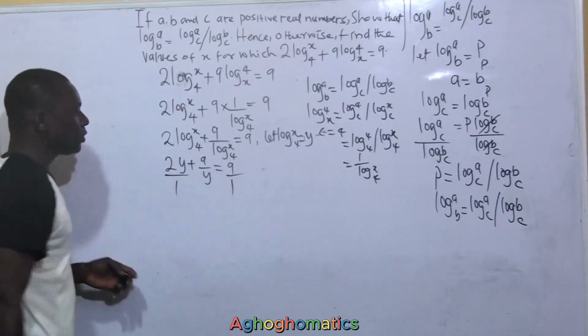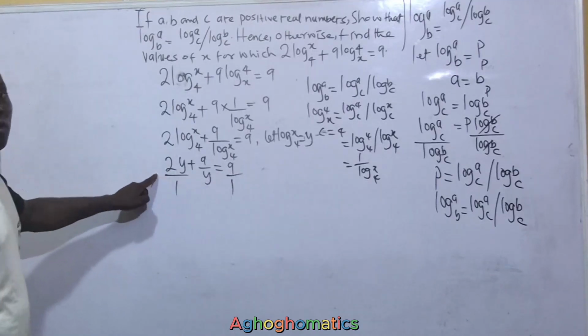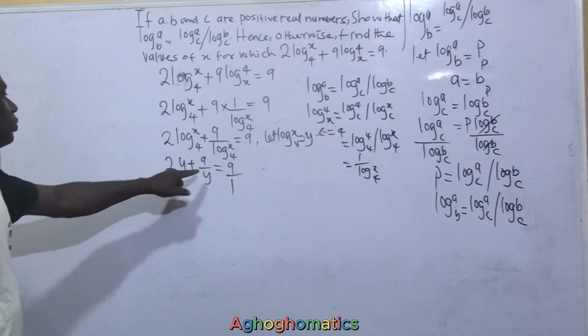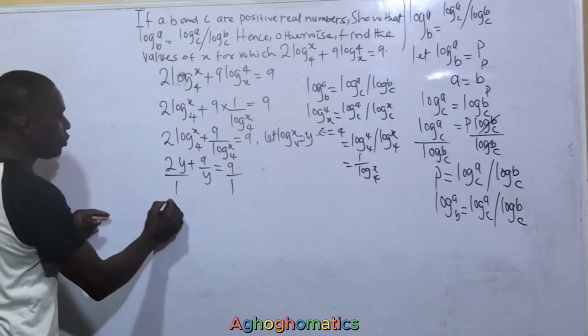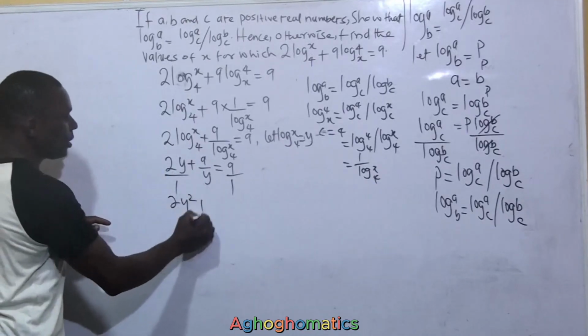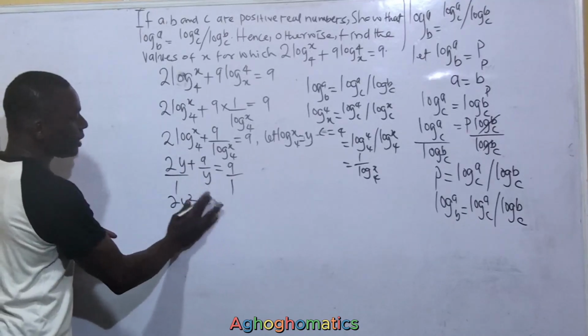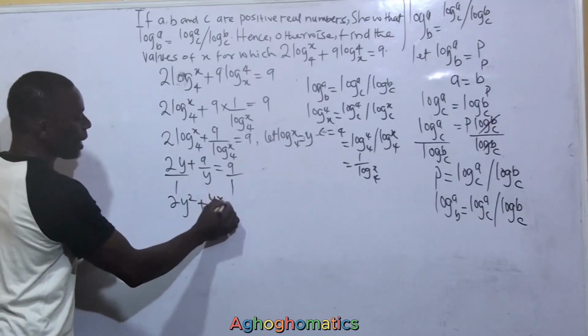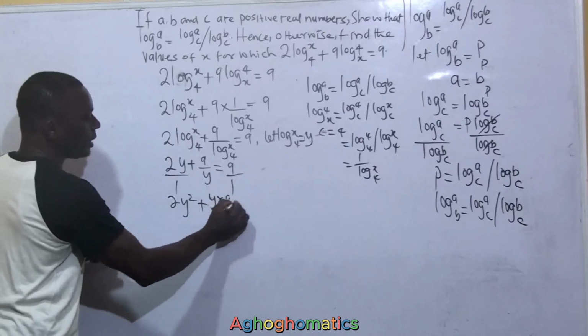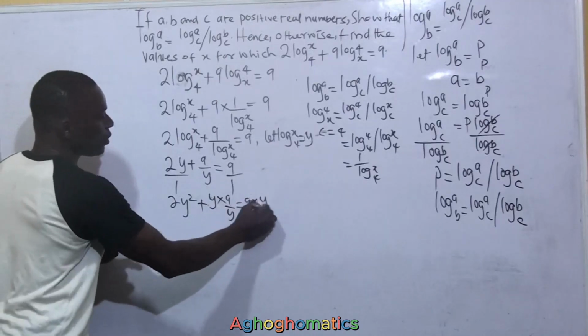This is a fraction, so we multiply it through by the LCM, which is y. If you do that, this becomes 2y squared, and y multiplied by 9 over y is 9, equal to 9 times y.